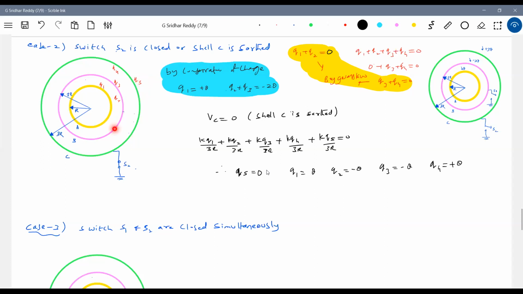But if you earth any other shell, this charge will not be 0. When the outermost shell is earthed, the charge on the outermost surface must be 0. You can take any number of shells.